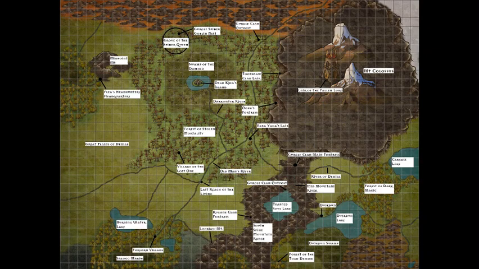And for the Forest of Stolen Mortality in particular, there's a bunch of different environmental factors that I am working on, because it is a highly magical forest in a very bad way. It is not natural. It is not good.